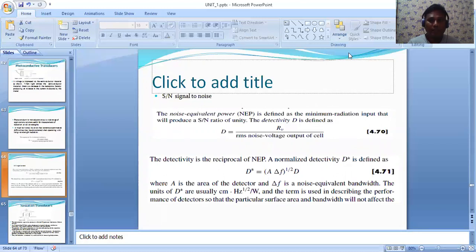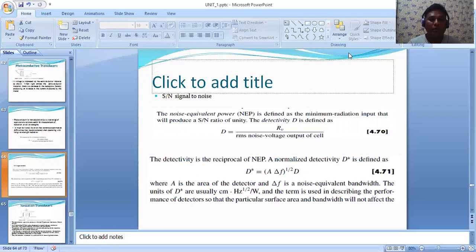Here RV is the detector responsivity. How to calculate it? It is the RMS output of the instrument divided by the RMS power. Then the detectivity is the reciprocal of the noise equivalent power, so a normalized detectivity D star is defined as the square root of A times delta F, multiplied by D. Here D is the detectivity, A is the area of the detector, and delta F is the noise equivalent bandwidth.